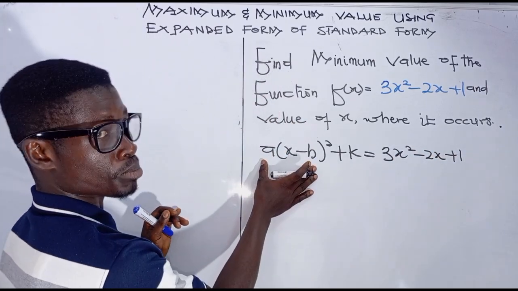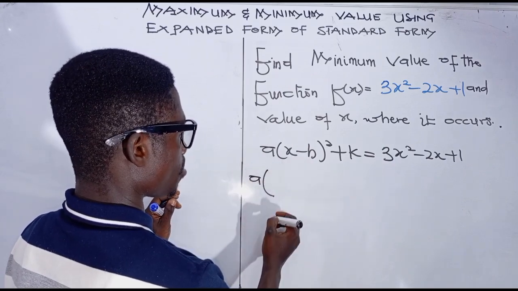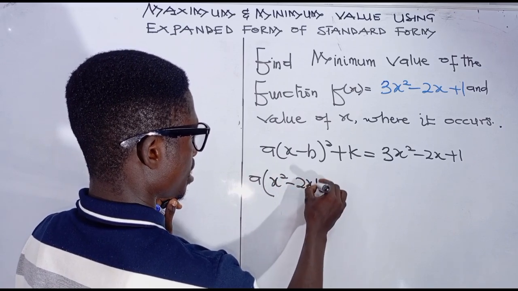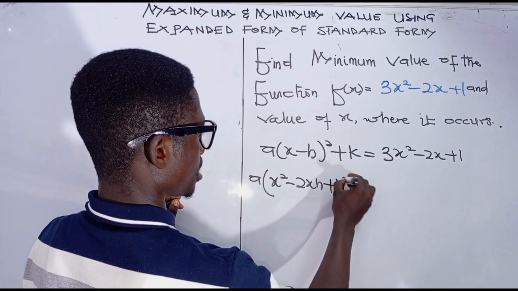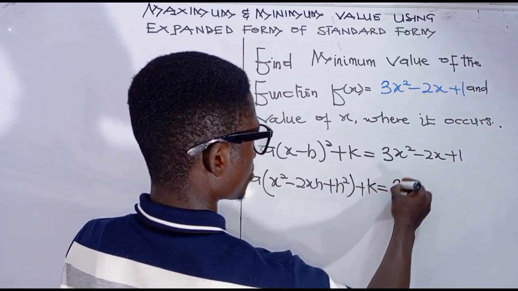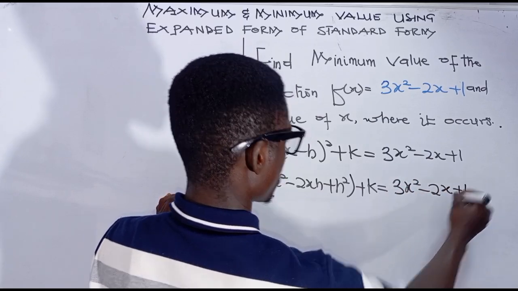Now once we expand this part, we have a(x - h)^2 + k. The expanded form of this is going to be x squared minus 2xh plus h squared, then we have plus k equal to 3x squared minus 2x plus 1.